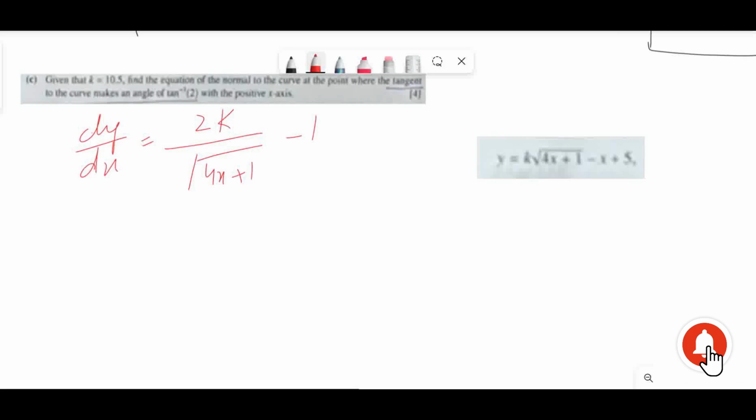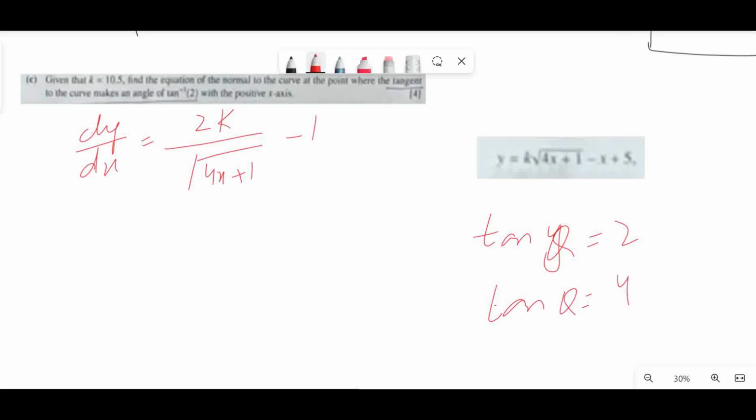This means that tan of the angle is equal to 2, and we know that tan of theta represents the gradient.